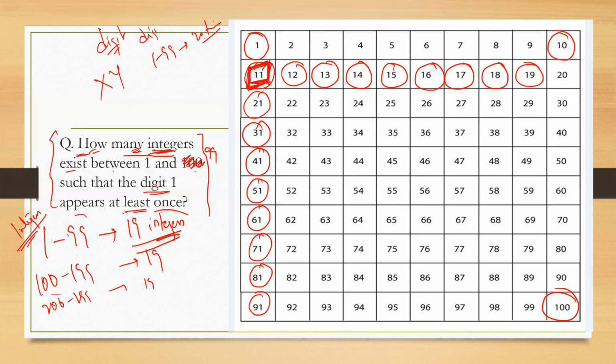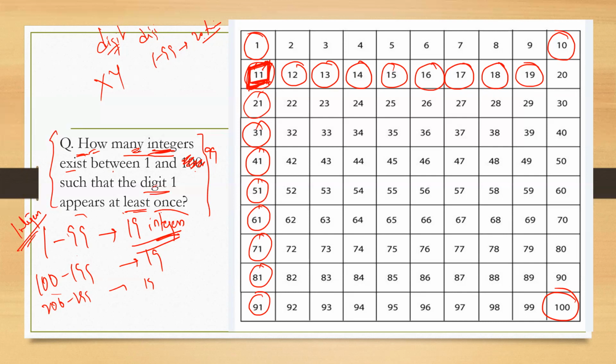The rest of solving the concept is the same. Wherever it is repetitive, you will only count that once. You don't have to count it double. Is this clear what we have done? Dinesh, Raghavan?